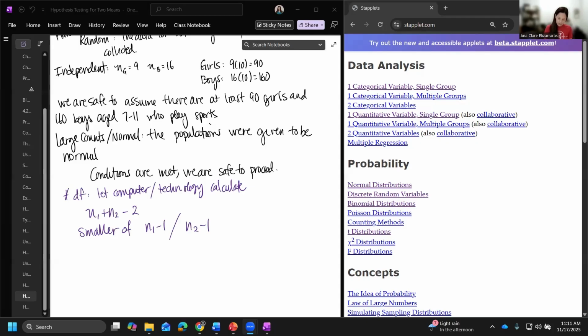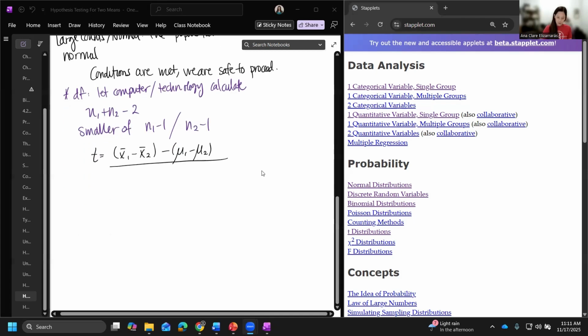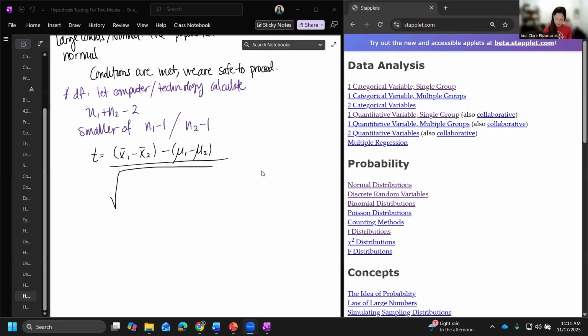When we are calculating our test statistic, we have to take the difference in the sample means minus the hypothesized value differences, and then we are dividing that, I'm going to scroll down just a little bit, by the square root of the first sample standard deviation squared over the first sample size plus the second sample standard deviation squared over the second sample size.